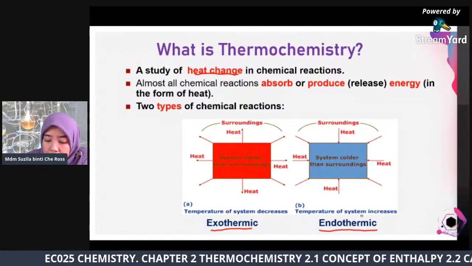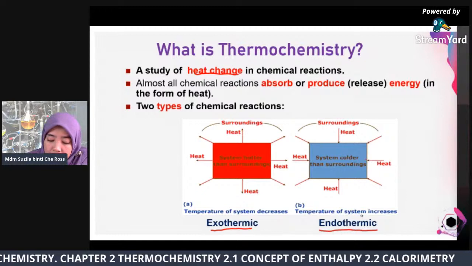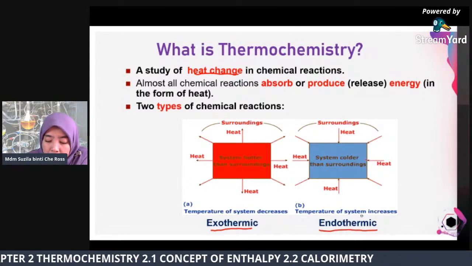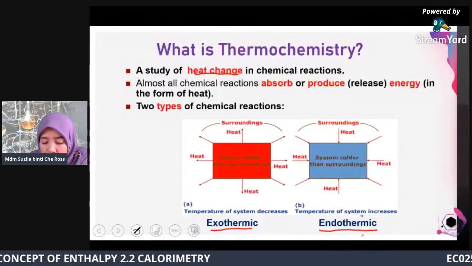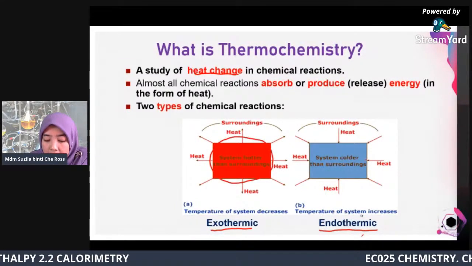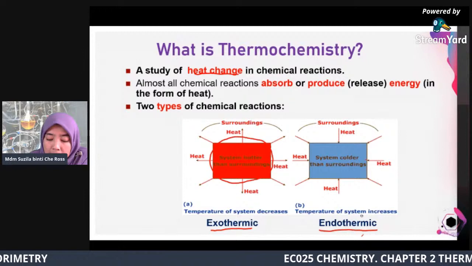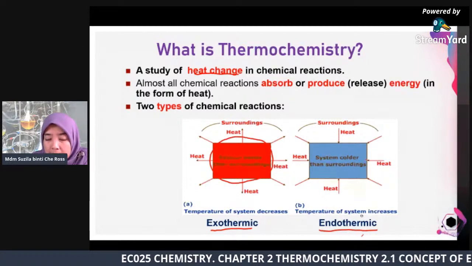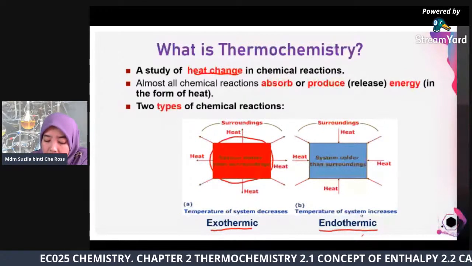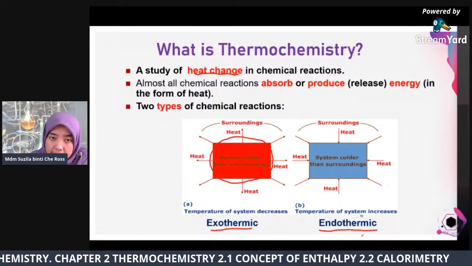So for exothermic reaction, the temperature of system is hotter than surrounding. So in exothermic reaction, akan berlaku release heat from the system to the surrounding. So when the system releases heat to the surrounding, the temperature of the system decreases.